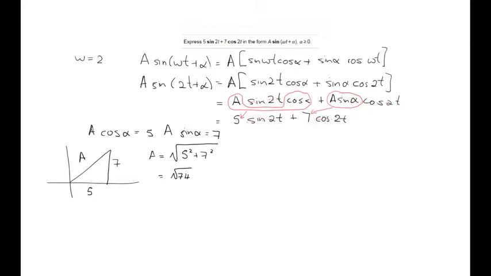And if it's not a nice number, just leave it as the square root of 74. But we can also say that sine alpha is 7 over a, which we now know to be 7 over root 74.